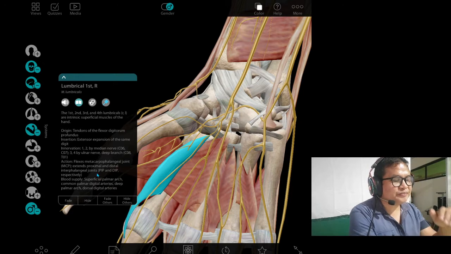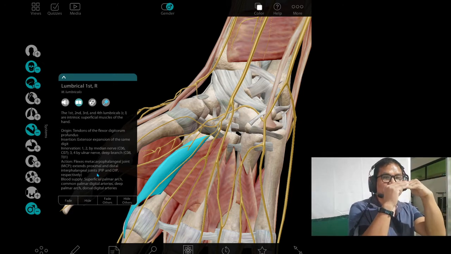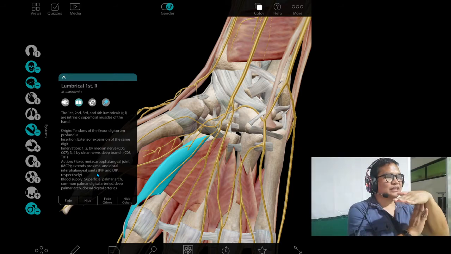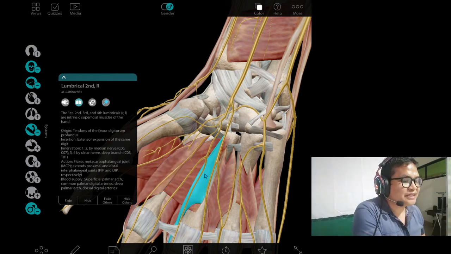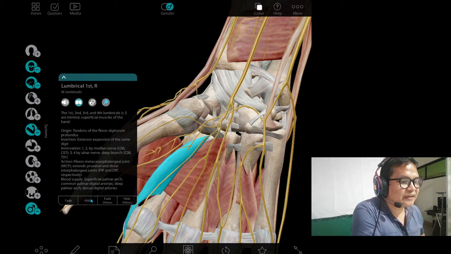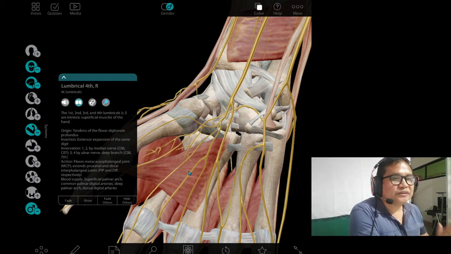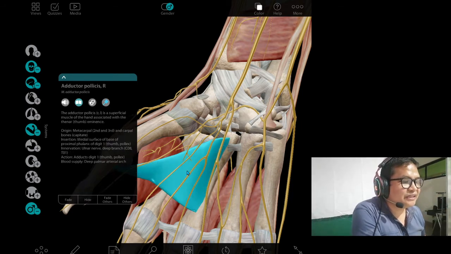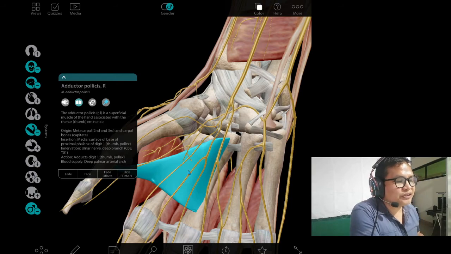So while the MCP is flexed, it can also extend the fingers. So that's the function of your lumbricals. Okay, let's hide those muscles. We have here another muscle, the adductor pollicis.